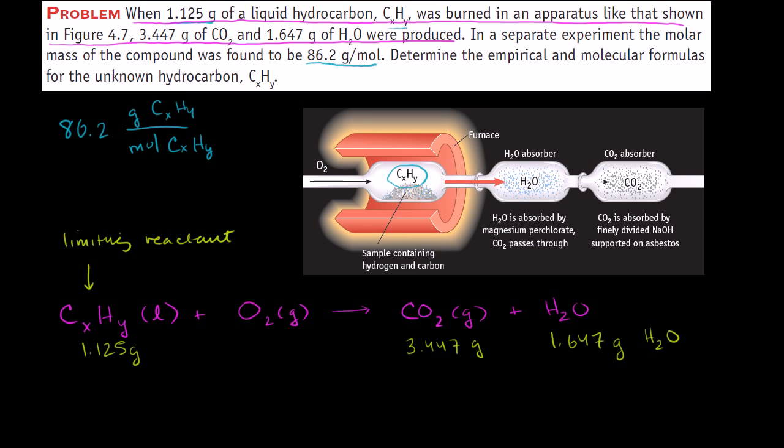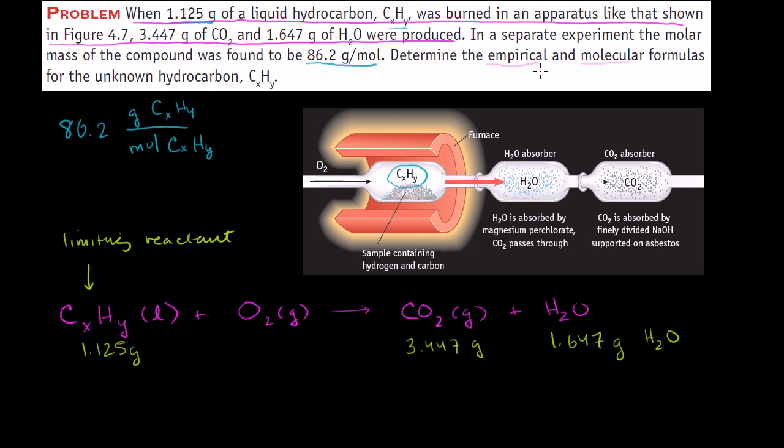And then they're asking us in this problem to determine the empirical and molecular formulas for the unknown hydrocarbon CxHy. Just as a refresher, empirical means just the simplest whole number ratio of the atoms in our molecule. So the simplest ratio of our carbons to hydrogens will give us the empirical formula.